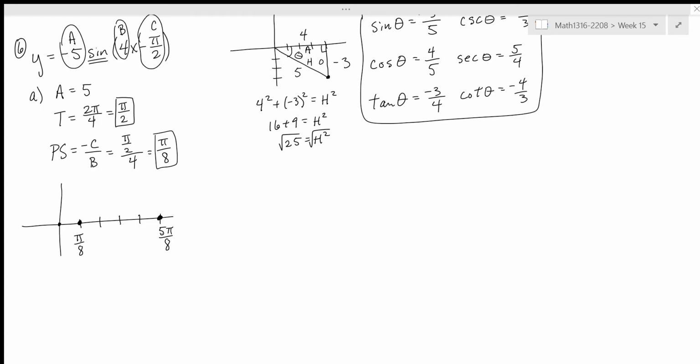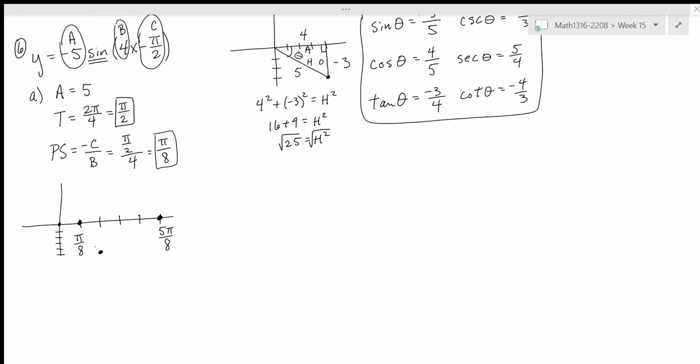Step number 5, lay out your points. I'm starting on the x-axis. Is this graph going to go up first or down first? Down, because the original 5 is negative. So we're going to go 1, 2, 3, 4, 5. And at the first hash mark, I'm going to be at negative 5.